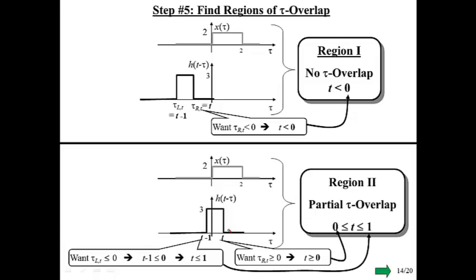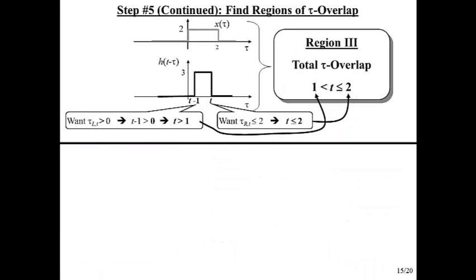That will happen whenever t, for this example, is greater than 0, but t minus 1 is less than 0. So that boils down to this interval. Notice that when I finish region 1, I start region 2. There's no gap. Let's go on to region 3.